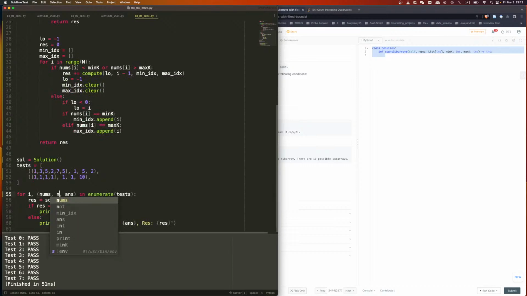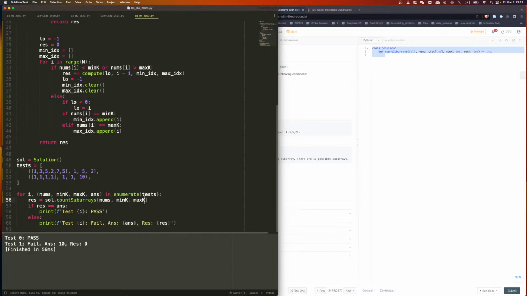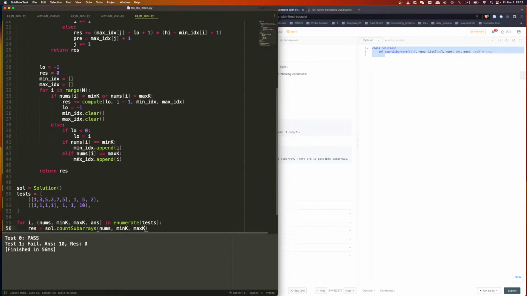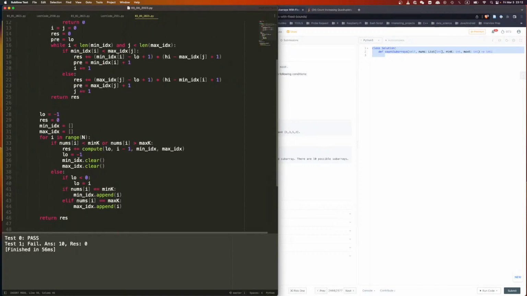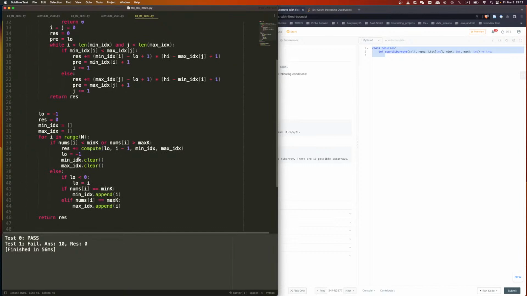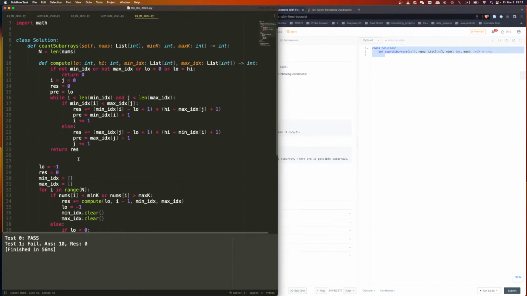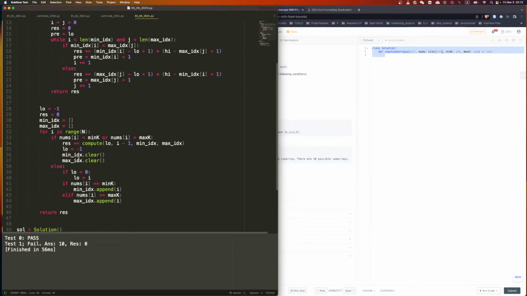Nums, min k, max k. Count nums, min k and the max k. The first one's right, the second one is not. Let's see what happens for the second one.